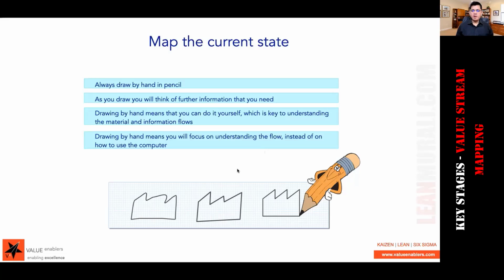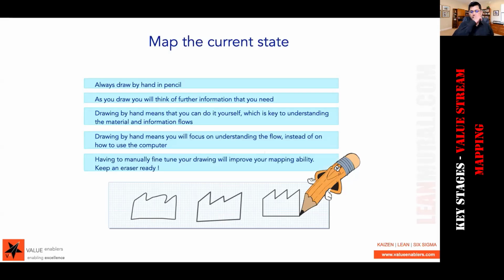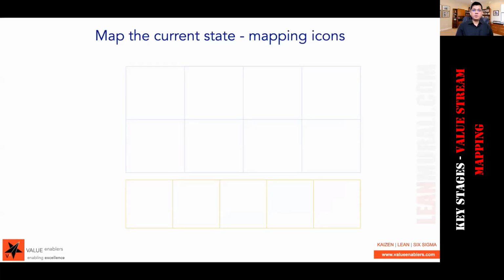But during the exercise, please use pencil and paper. Having to manually fine-tune your drawing will improve your mapping ability. Always keep an eraser ready, so you can keep erasing and modifying whatever you need to based on the inputs.